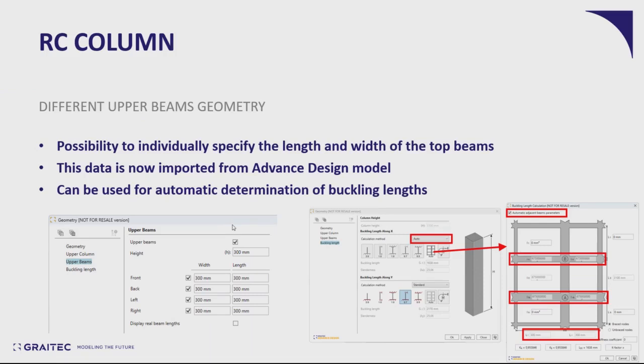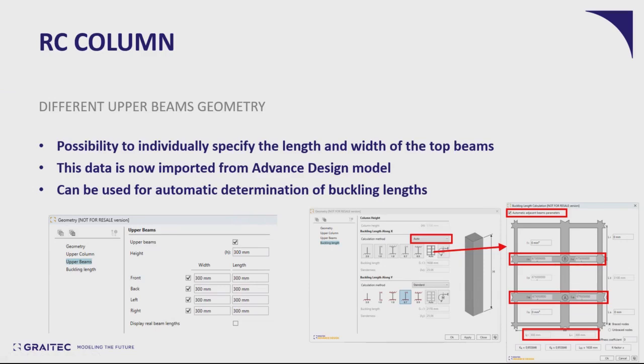So now in the column geometry definition window, we can define not only the height of the connecting columns, you can also define the width and lengths of the sections that you are going to be using in your column design. In this case, we have beams, or it can be also columns. So this information is now also imported from advanced design along with the rest of the information for the column.